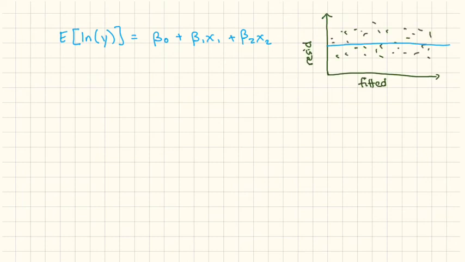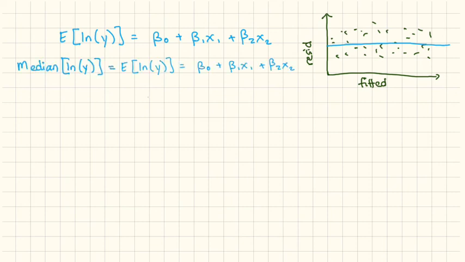What we can do, though, is start talking about the median, and we can say this expected value is pretty much equivalent to the median. We can only say that if our residuals have about the same number of points on top as on the bottom, all across there. So if your residual plot looks about like this, and you have symmetry about that 0, then your median is going to be the same as your mean.